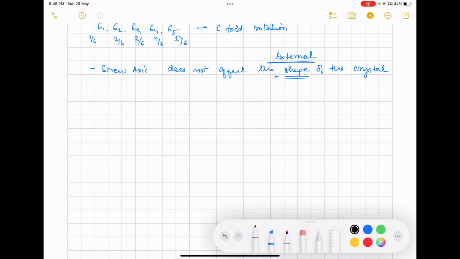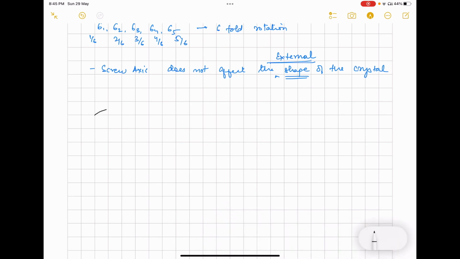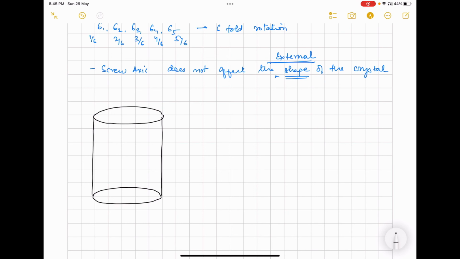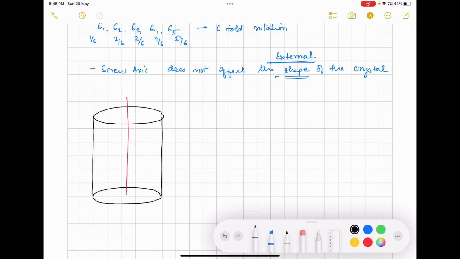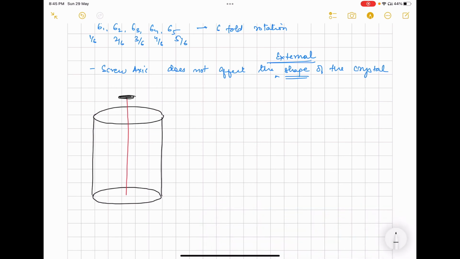So for this we need to consider a cylinder. Suppose this is the cylinder and this is the axis in the middle. So for the screw axis the symbol is a two-fold rotation symbol with these side wings that denote the sense of rotation.